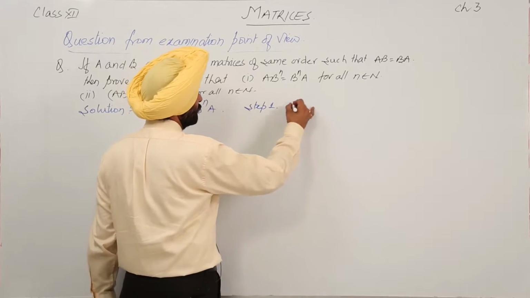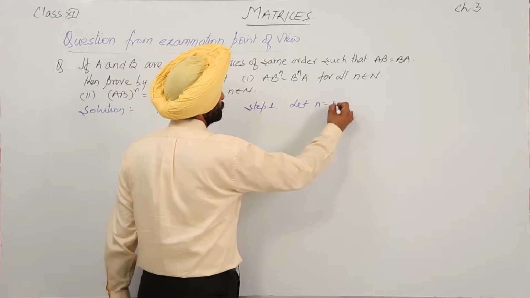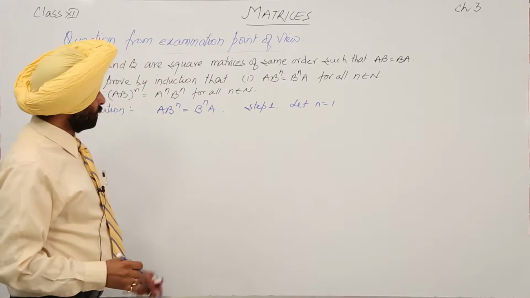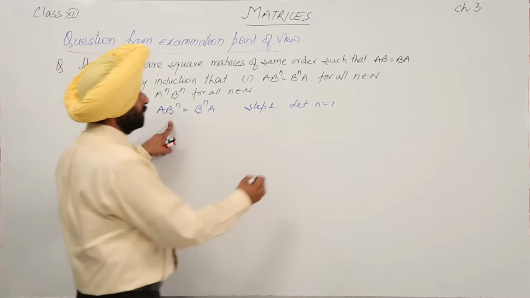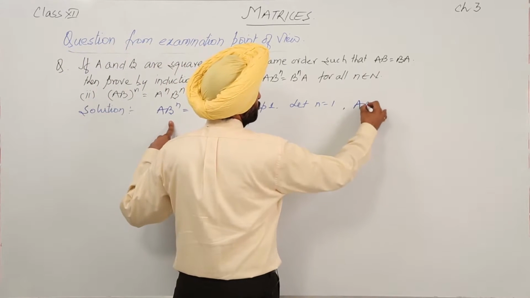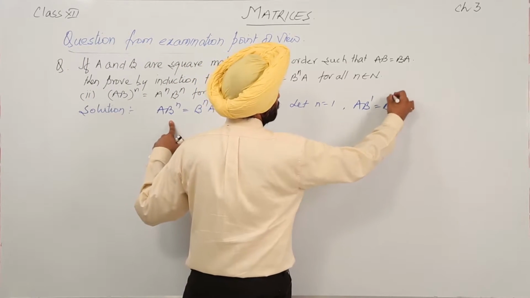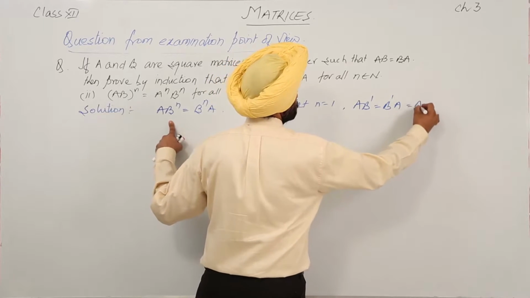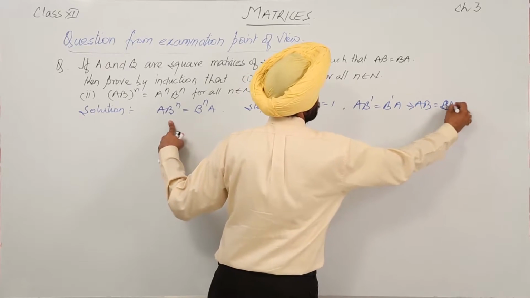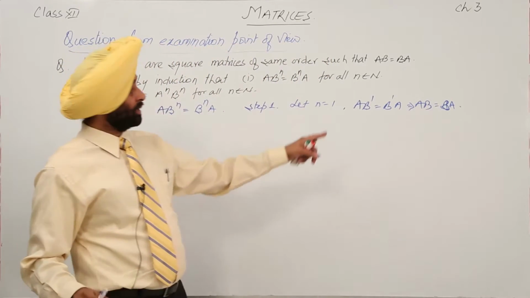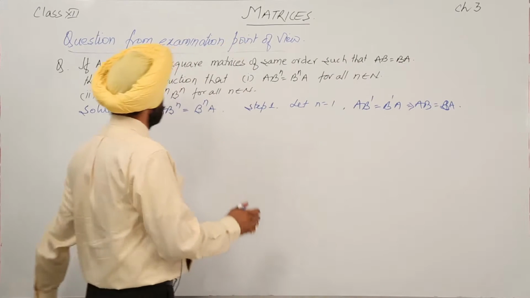Step 1, let n is equal to 1. When we are putting n is equal to 1, then what we are getting? (AB) raised to power 1 is equal to B raised to power 1 A, and this is AB is equal to BA. And we are given AB is equal to BA.